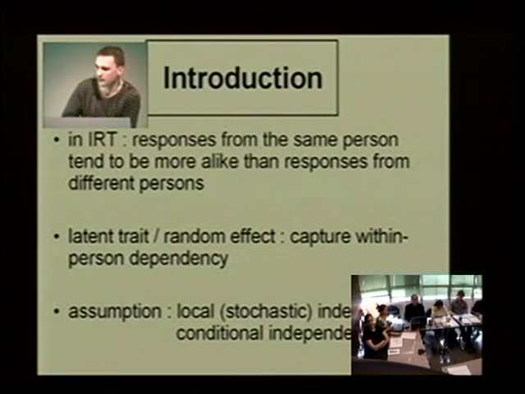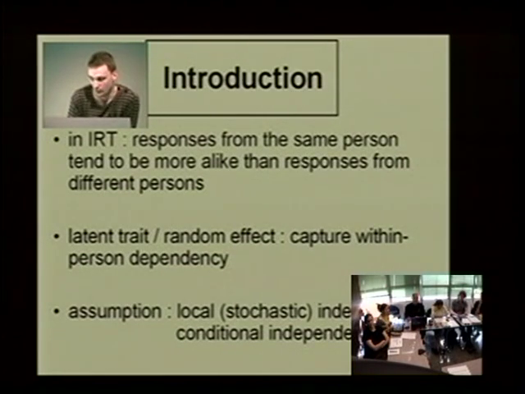So here is the introduction. As you all know, in IRT, you have responses that come from the same person, and they tend to be more alike than responses from different persons. So that creates a kind of dependency due to the fact that responses are clustered within persons.